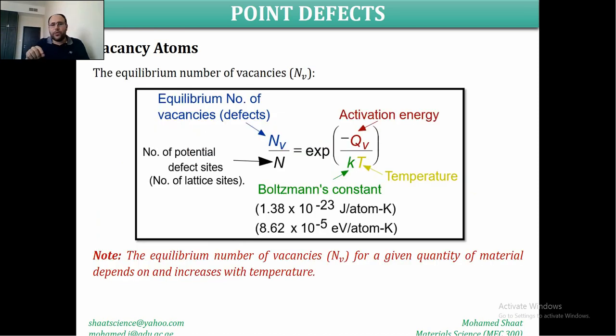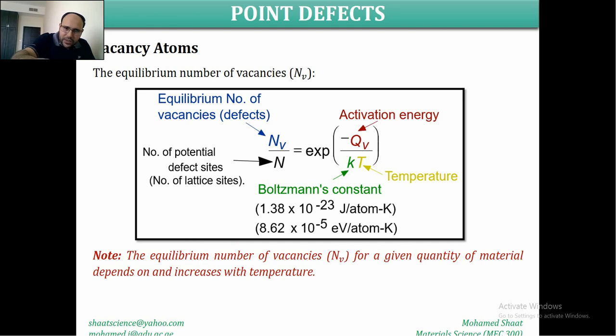So the number of lattice sites is going to be related to the number of atoms within the crystal or the material structure. You got it? Because every atom represents a lattice site. So this uppercase N stands for the number of potential defect sites, or lattice sites in general, which means the number of atoms that would exist inside the material.